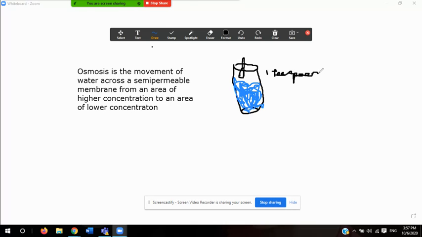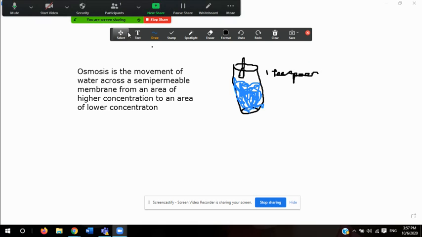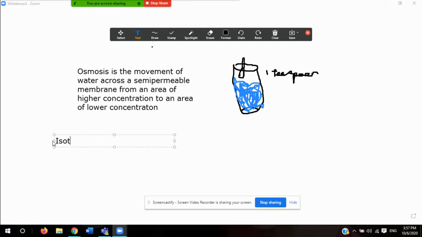So let's define isotonic, hypotonic, and all these things. The first thing we're going to talk about is an isotonic solution. An isotonic solution, guys, basically has the same concentration of dissolved particles as the cell.